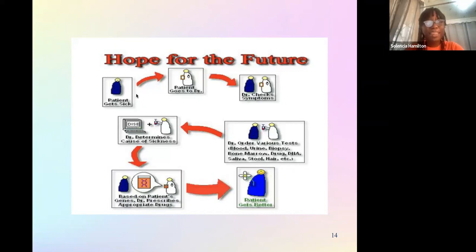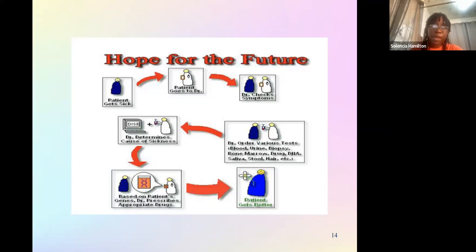So the patient gets sick. The patient goes to the doctor, and the doctor checks for symptoms. When the doctor notes those symptoms, they're just like, I think it could be this, or it could be that. So maybe I'll just run some tests to figure out what exactly that is. And so they order all these tests.